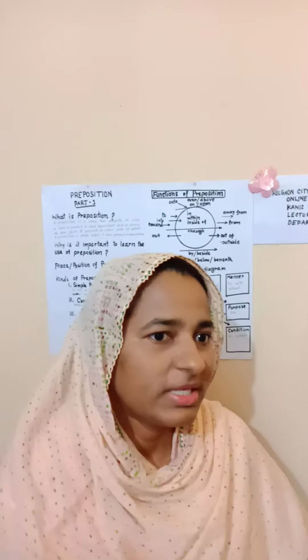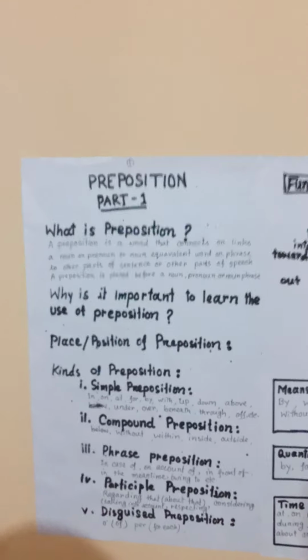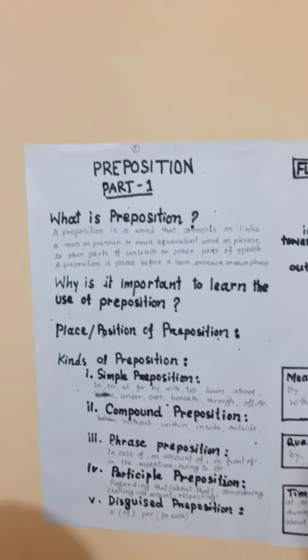So what have we learned from this definition? We learned that a preposition is a noun connecting word, a word that connects or links a noun. From this definition we find one thing clear. It is the place or position of a preposition. Where is a preposition used, or where is a preposition placed? A preposition is placed before a noun.